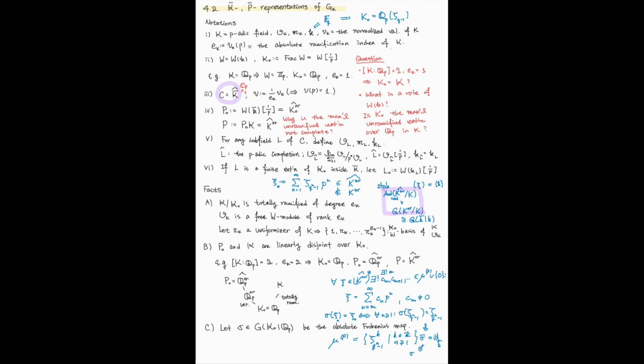But this one, as one can show, is not algebraic over Q_p. It doesn't have a stabilizer which is of finite index in the Galois group of k^nr over k.